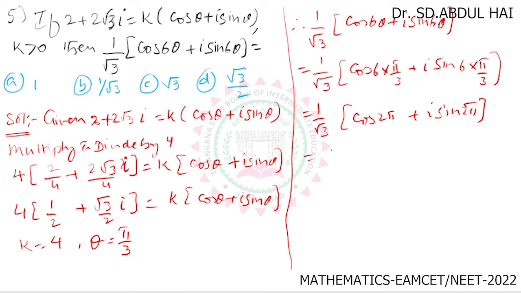Therefore, the value of this is nothing but 1. Therefore, 1 by root 3 into 1, my answer is 1 by root 3. So which is the correct answer? Yes, very good. Second option.